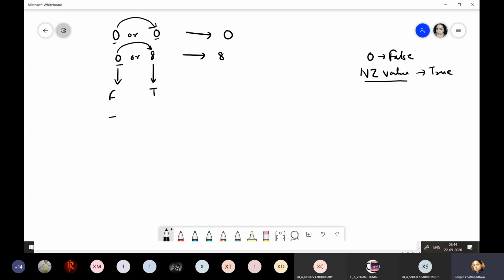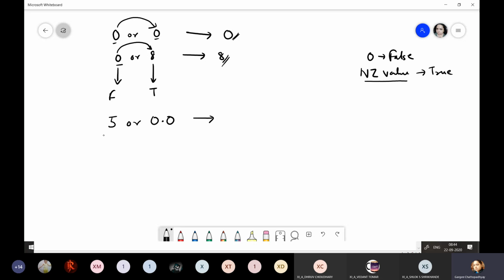Next, I am giving you another value. You tell me the answer. What will this give? 5 or 0.0? True. No dear, not true. It will return the result in the form of literal only. We are seeing the second variant of OR when there are literals, not expressions.